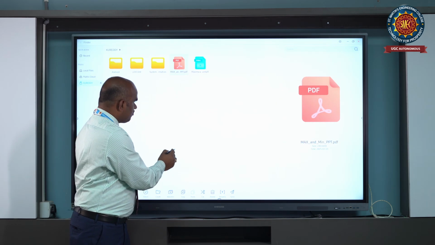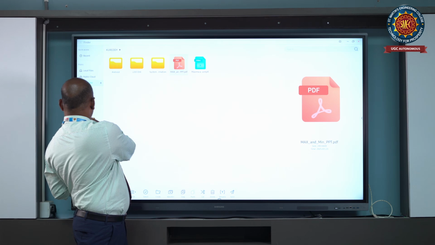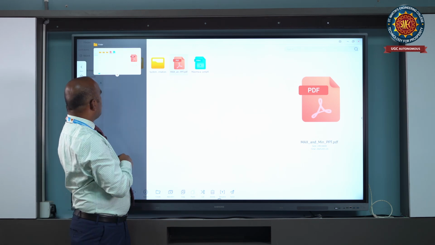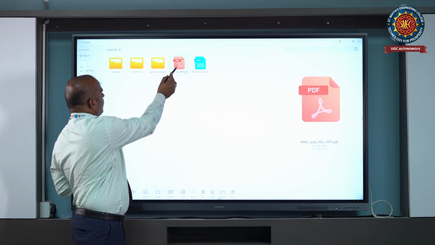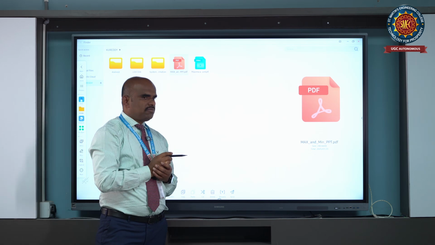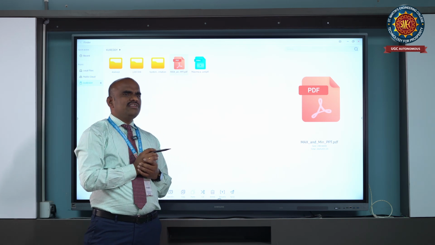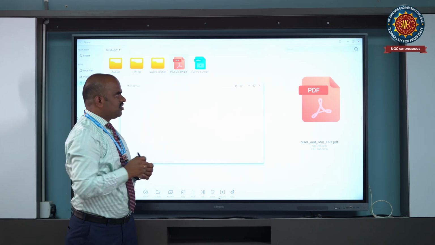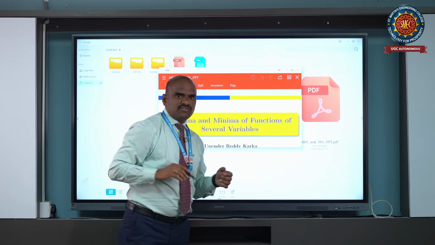Next, I am going to start the maxima and minima of functions of several variables. How can we find the maximum and minimum of functions of several variables? Suppose z is f of x comma y, a function of two variables x comma y.